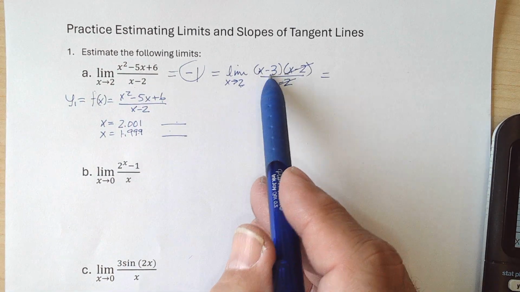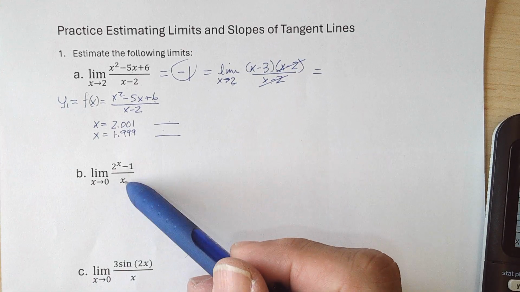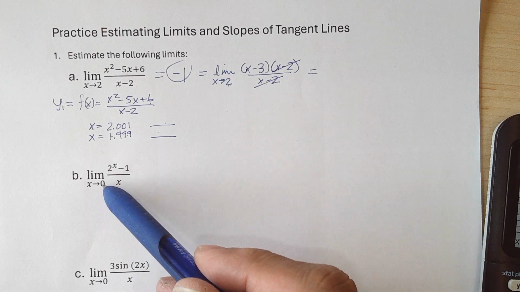This would have been easier just to simplify and then put in the 2. This one, you can't divide x into these very well, and we want x to go to 0.